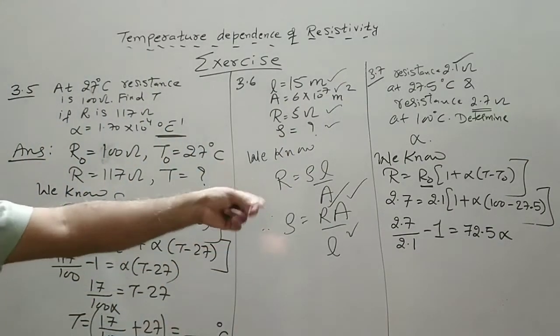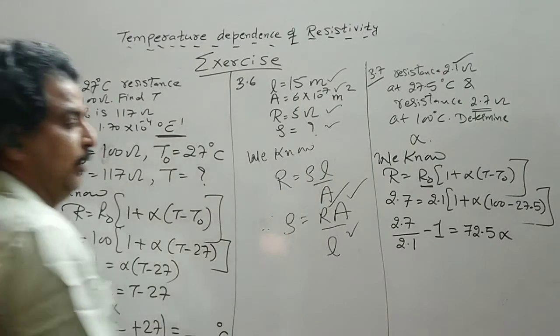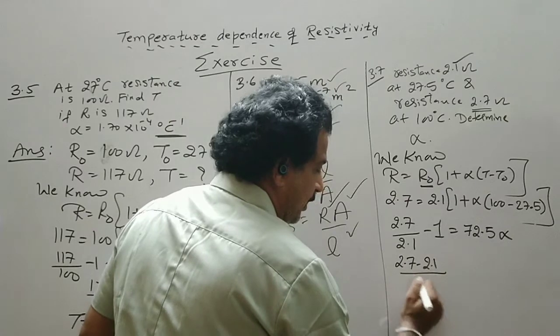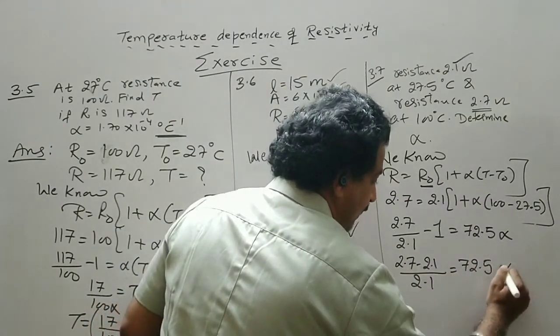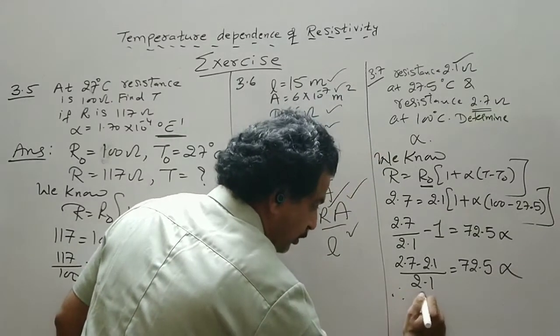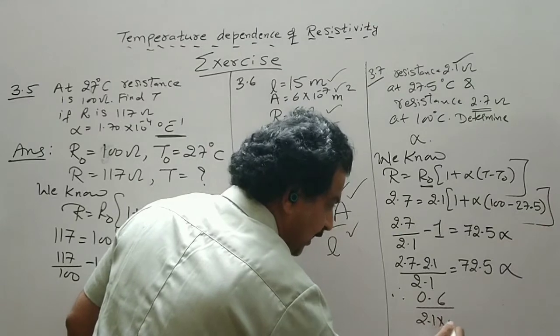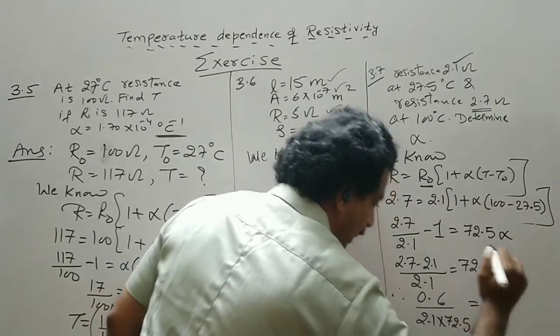So simply you have to do the mathematical calculation: 2.7 minus 2.1 divided by 2.1 is equal to 72.5 alpha, and therefore 0.6 divided by 2.1 into 72.5 is equal to alpha.